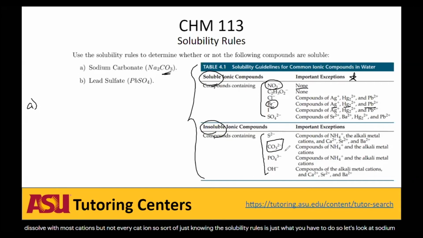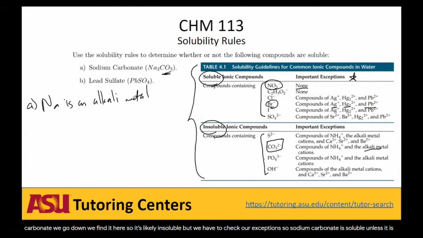So carbonate is soluble if it is paired with an alkali metal. What is an alkali metal? That's a metal in the first column of the periodic table. And in fact, sodium is an alkali metal. So sodium carbonate would be insoluble except for the fact that we're using sodium.